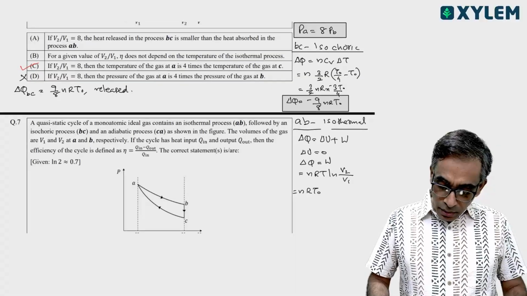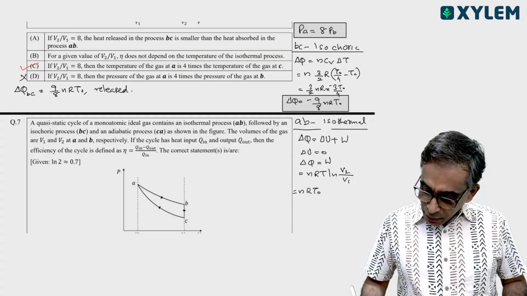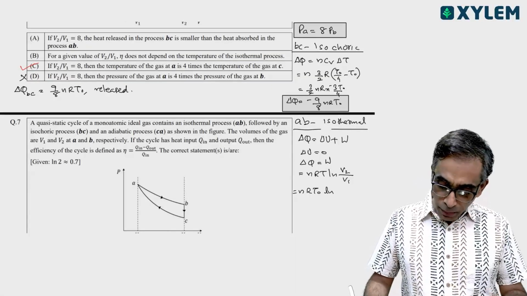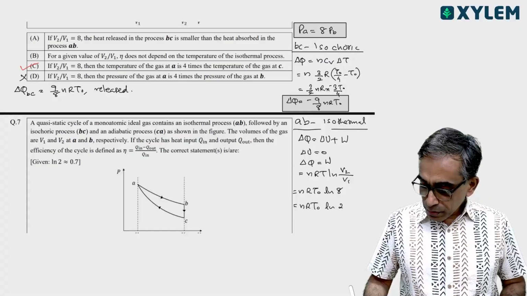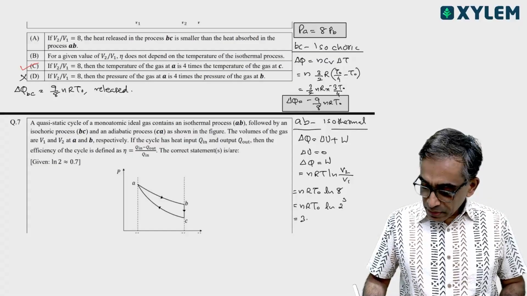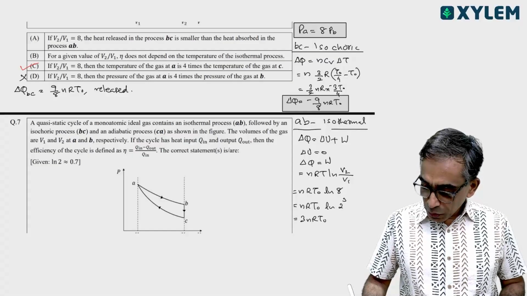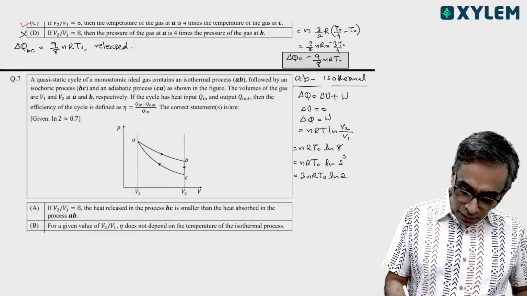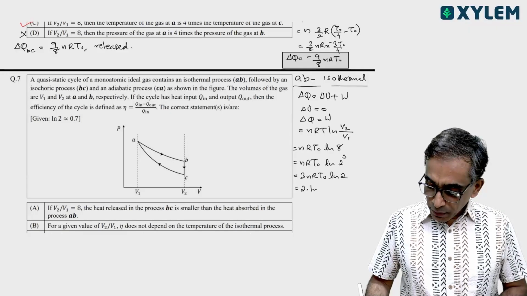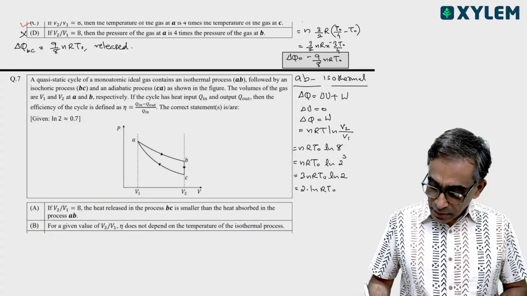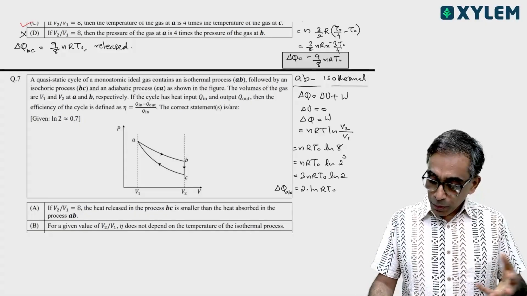So nR T0 into log of V2 by V1, which is 8, which is nR T0 log 2 cube, which is 3 nR T0 log 2. And log 2 in the question is given as 0.7. So 3 into 0.7 will give you 2.1 nR T0. This is the heat transferred in the process AB.